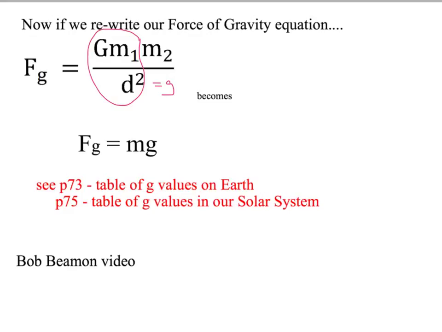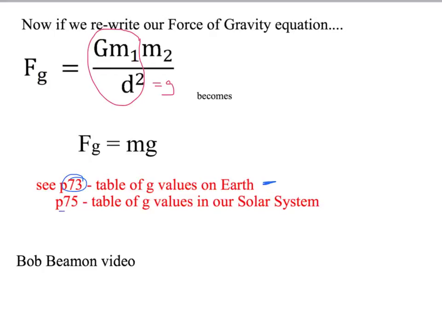And you might argue that within certain areas, if you're standing over a mine that has a bunch of iron in it, then the local mass of the Earth right underneath you might be a little bit different. So for a few different reasons, little g values change. You can check page 73 for little g values for different locations on Earth. We'll always just use 9.8 in our calculations.